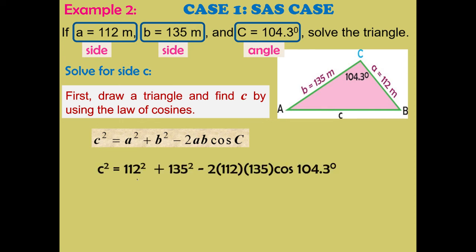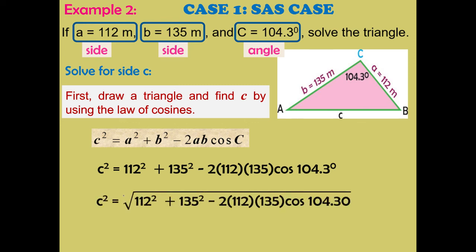By substitution, substitute the values of A, B, and angle C. So C will be equal to, sorry, this should be C, not C squared, the square root of the terms here on the right. Using your calculator, you will get side C equal to 195.55 meters.